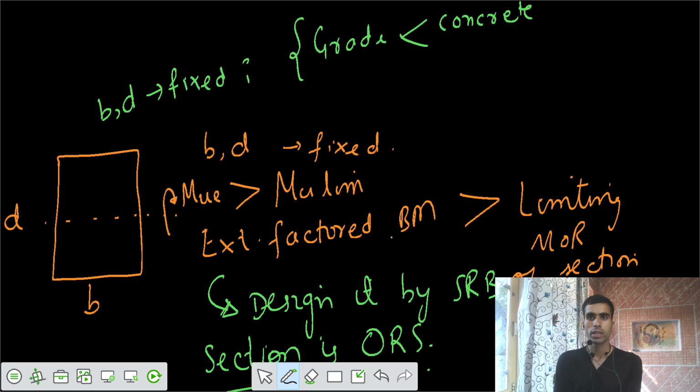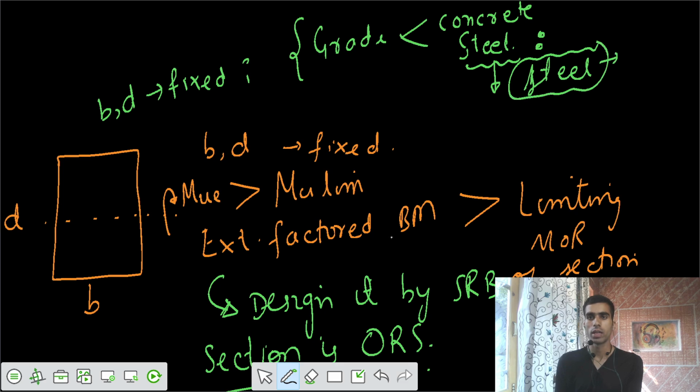But when we design a particular structure, our steel grade is fixed and our concrete is also fixed, since we want a particular strength like M25 or M30. Then there is one more thing we can do: change the content of steel. So AST we can change, the area of the steel.